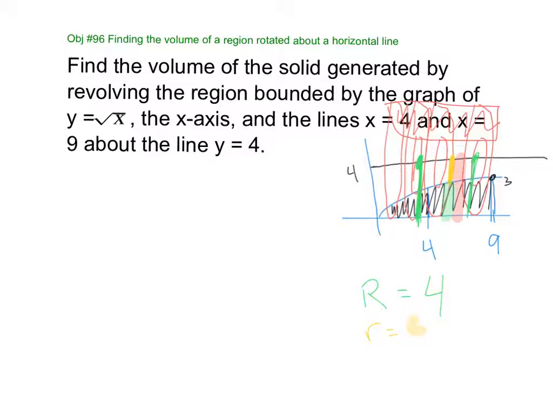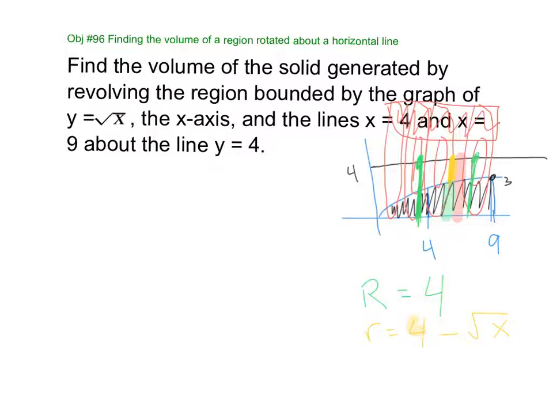Putting it in terms of the pen would be helpful. 4 minus the square root of x. So big R, the distance to the farthest spot, is 4. So big R is this distance, and it's always 4 no matter where we draw our line. And then this little piece is the whole thing minus the function. So that is the setup.